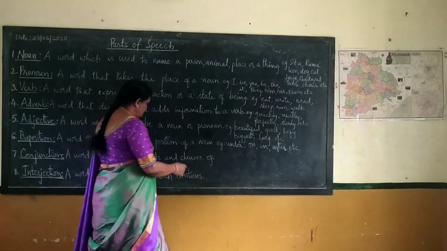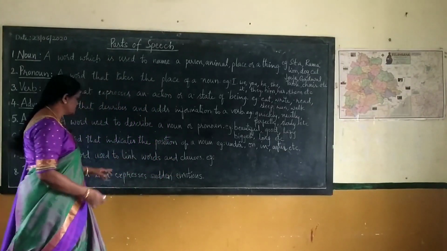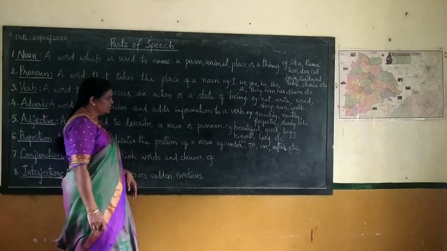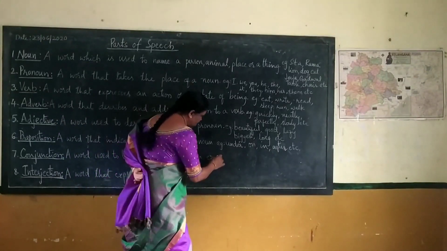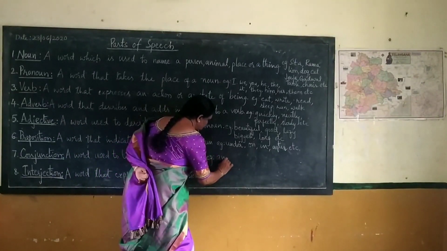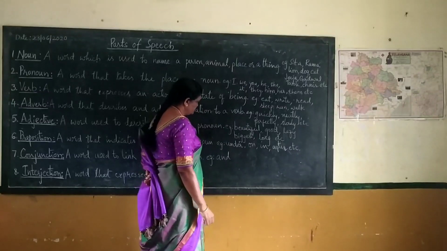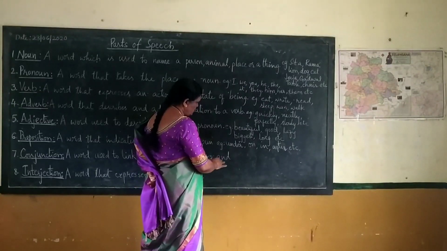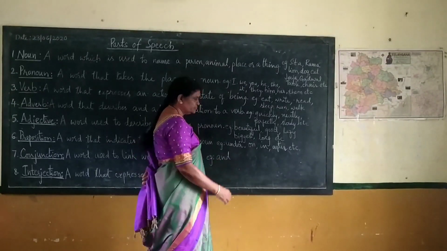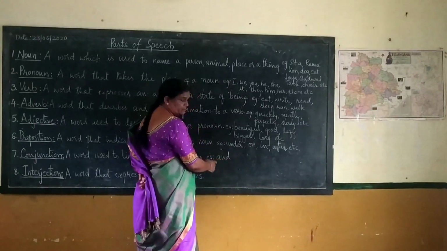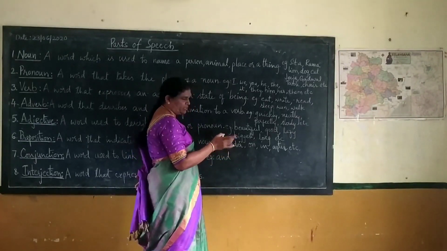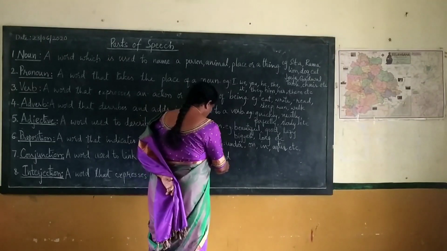So the examples for conjunctions are linking words like and. See, Raju and Ravi are playing. So we are linking Raju and Ravi with and.